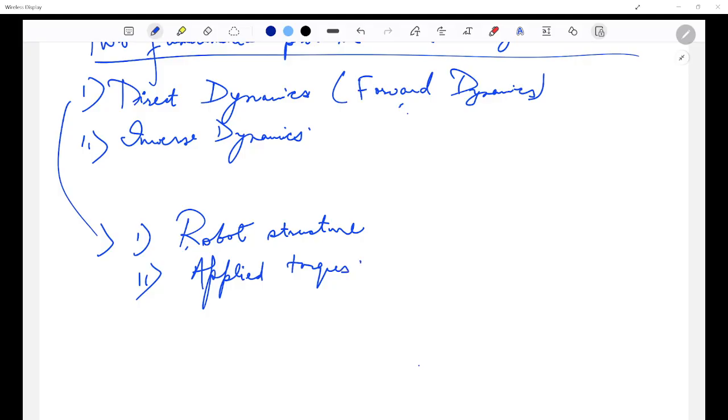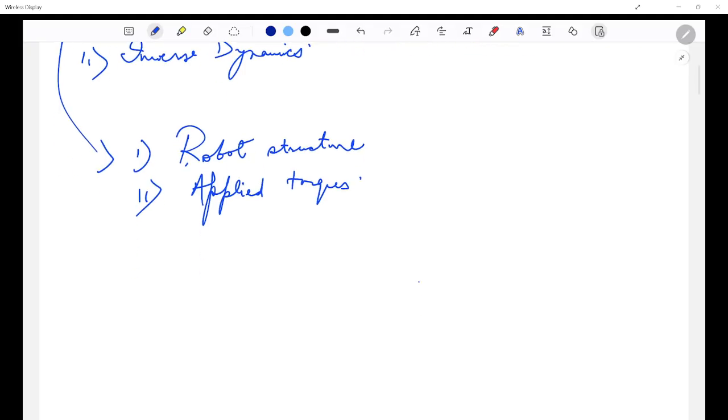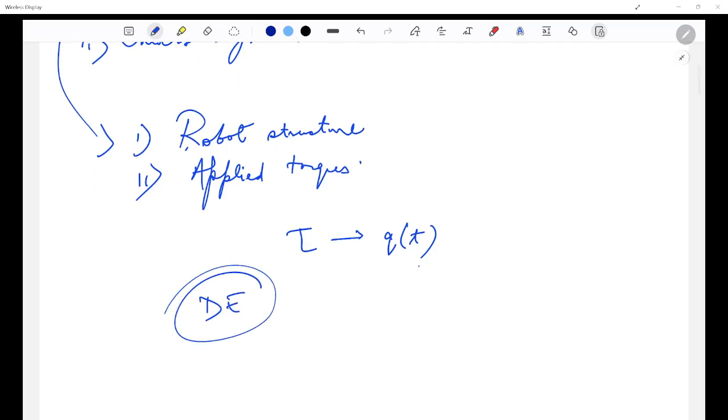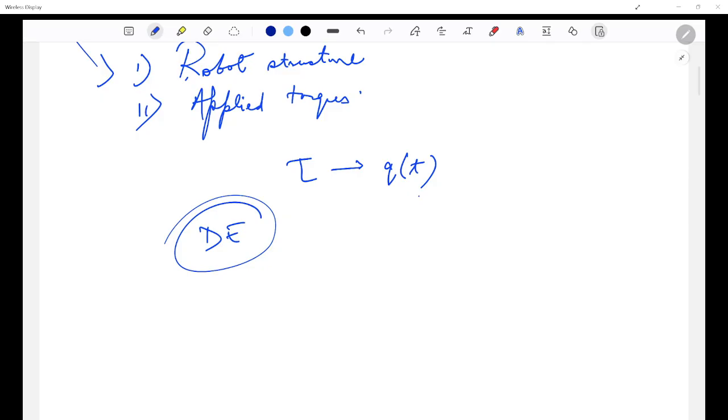Okay. So what you're supposed to do is find the joint motion. So given the torque of the motors, you are supposed to find out what is the motion of the joints. So this basically requires solving differential equations. Okay, it is used in physics engines normally, or any simulation animation.